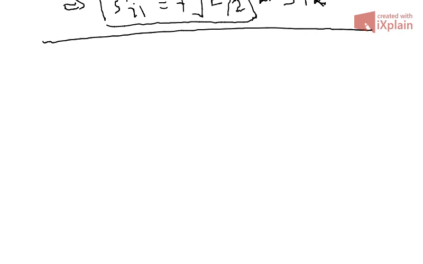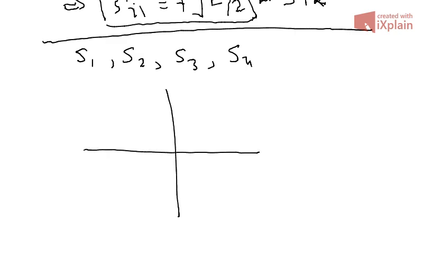If I write my signal constellation, if you go to table 3.1 in my previous video and your slides, you can see that all the signal points S1, S2, S3 and S4 can be plotted on the psi1 and psi2 axes, right?